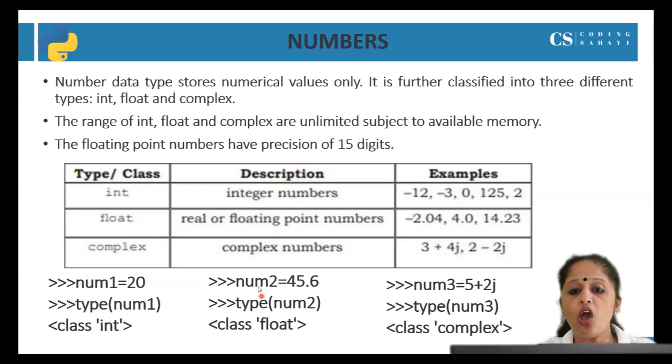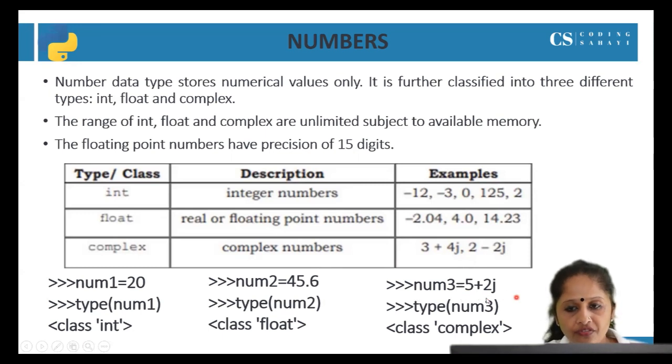Then we have complex numbers. Complex numbers we write like this: 3 plus 4j, 2 minus 2j. There is a real part and an imaginary part, therefore complex numbers. This is the real part, and this, with the variable j, is the imaginary part. Example, num3 equal to 5 plus 2j.